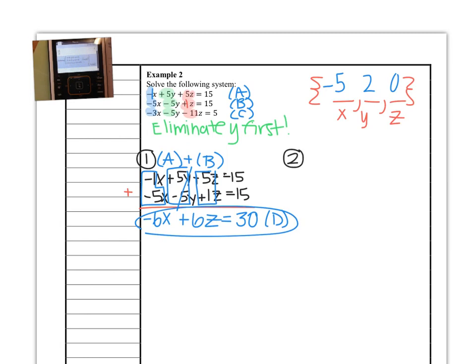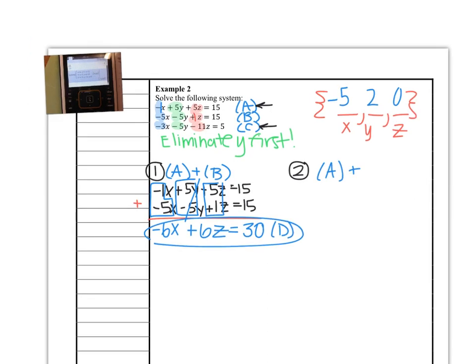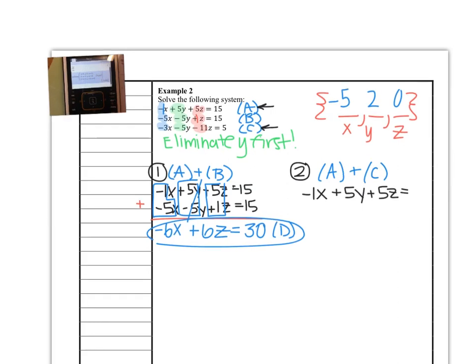Step number 2. Still eliminating y's, what 2 equations can we add this time? I need a positive and a negative, same exact numbers, to eliminate. So I'm going to look at the positive, which is A, and the next negative, which is C. So we're going to do A plus C. I have to write the full equation first. I know it's a pain, but do it because you're going to make sure that you make 0 mistakes. Plus 5y plus 5z equals 15.